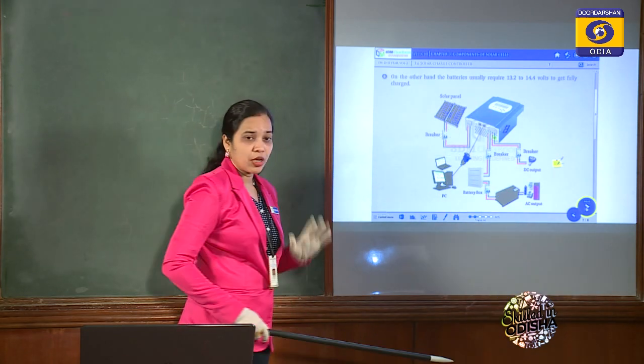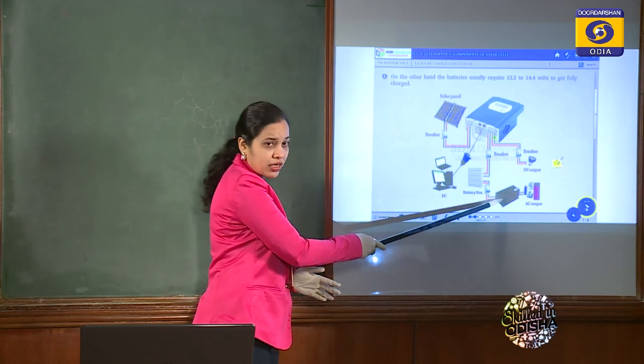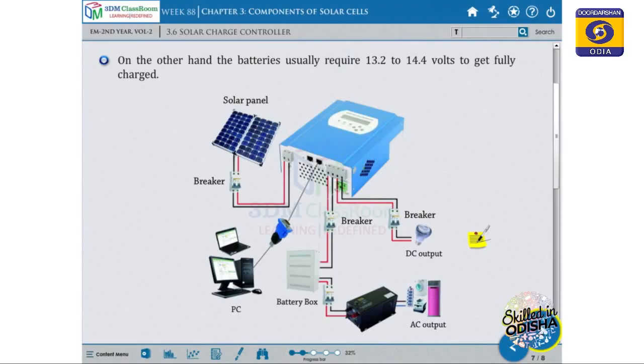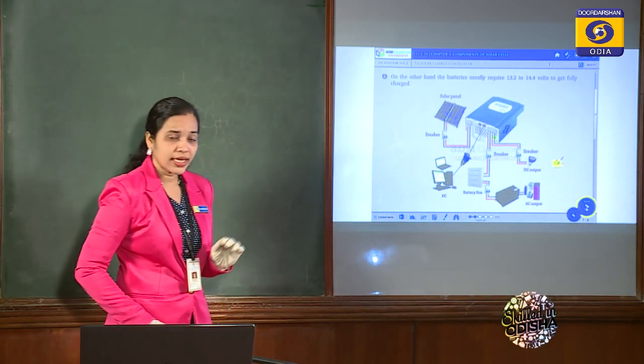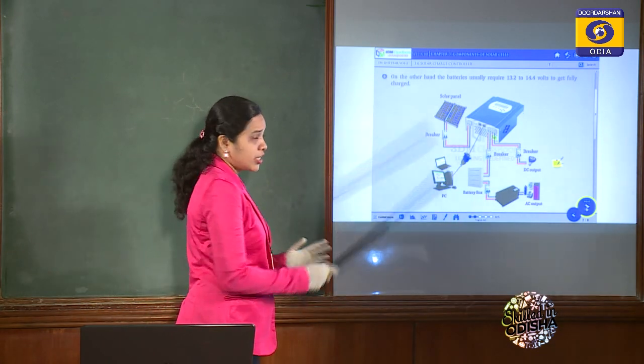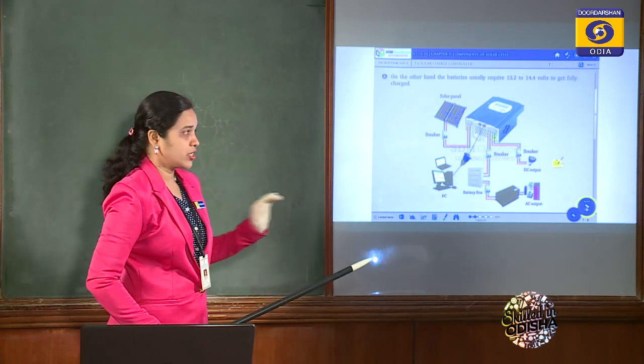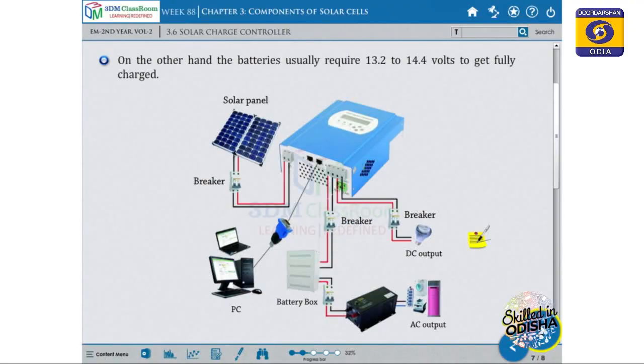It plays a very important role in this total system. Then this is the battery, or we can say the accumulator. This is generally a lead acid battery, and this is the inverter, which inverts the DC voltage into AC. All these are the equipment used in a solar power system. We will discuss one by one how this system works.